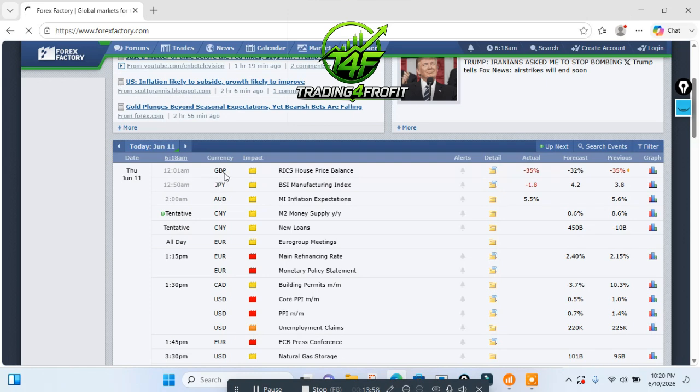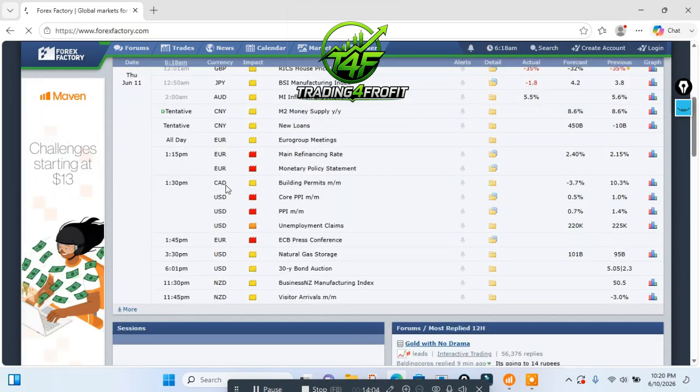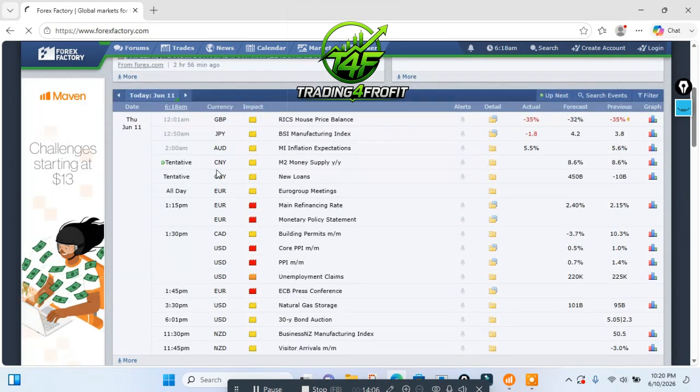You can see GBP. You can see the currency is good, and you can see other ones. You can see JPY, you can see AUD, you can see CNY, they are good, and you can see Euro here is good, and you can also see Euro here is bad, but depending on the time.